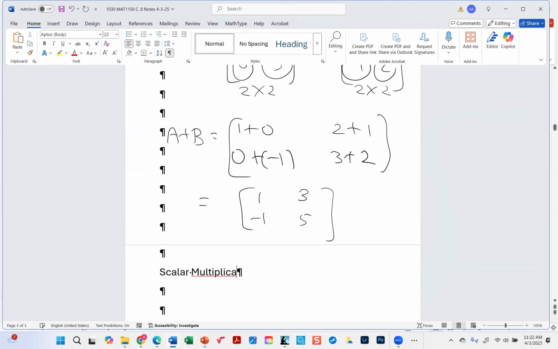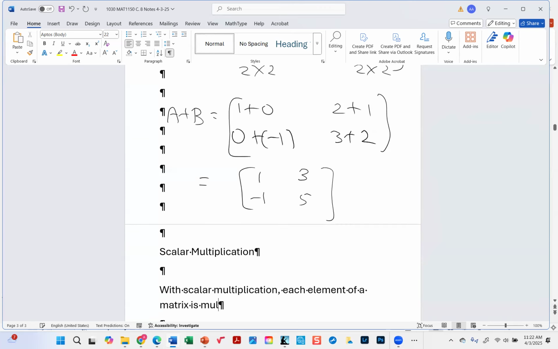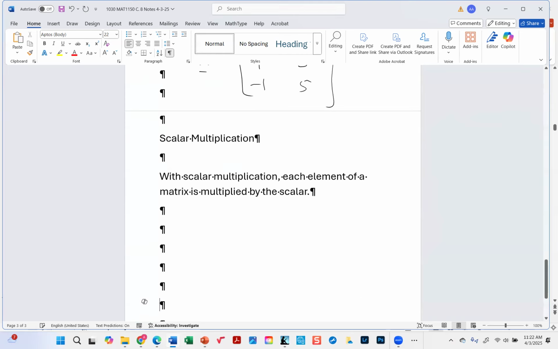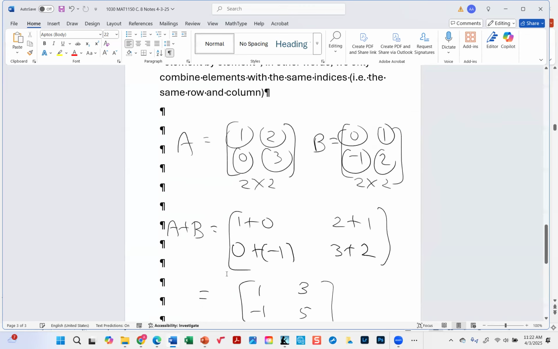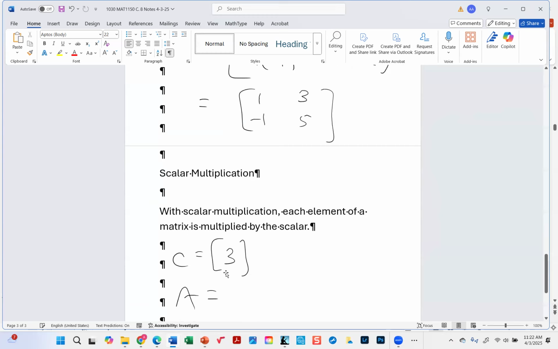So with scalar multiplication, each element of a matrix is multiplied by the scalar. All right, what do we mean by that? So imagine that we have scalar C, and it's 3. So A, if you recall, is what do we have here? 1, 2, 0, 3.